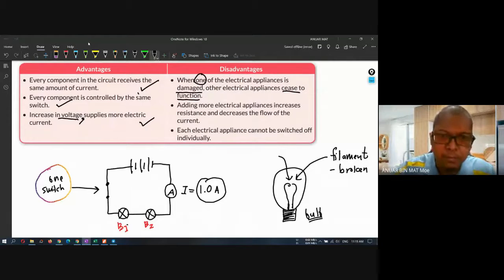Disadvantage number 2, adding more electrical appliances increases the resistance and decreases the flow of the current. Or decrease the flow of voltage.